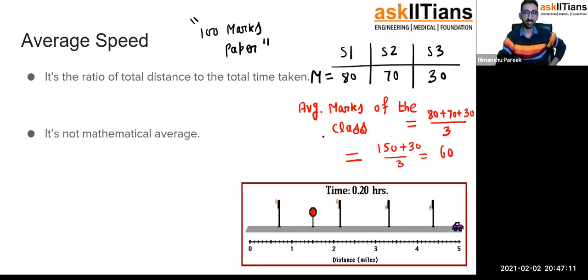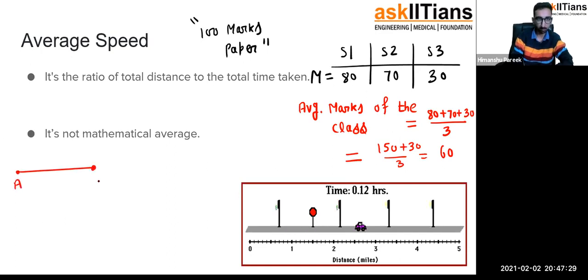Yes? Okay. Let me bring the same into physics. That's a mathematical average you have calculated. Suppose a body starts from A. It goes to B with a velocity of 80 km per hour. Then the body goes from B to C with 20 km per hour.